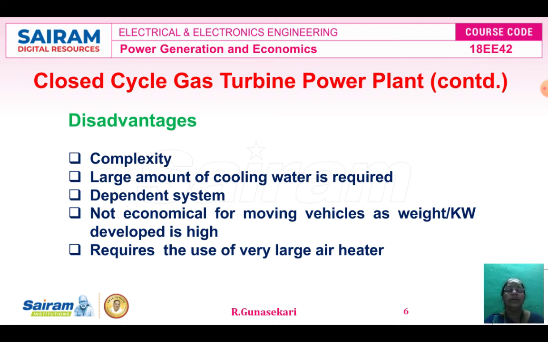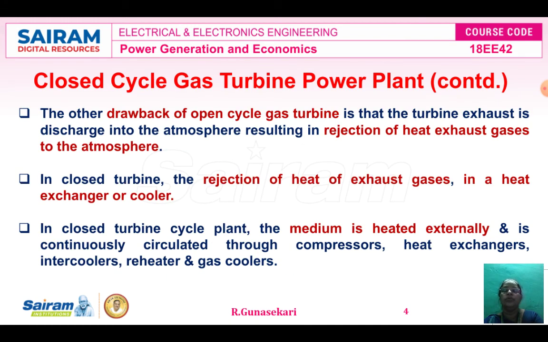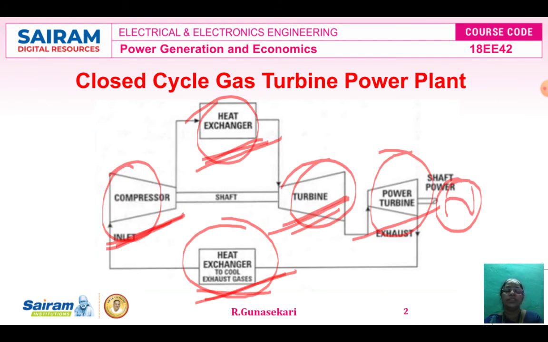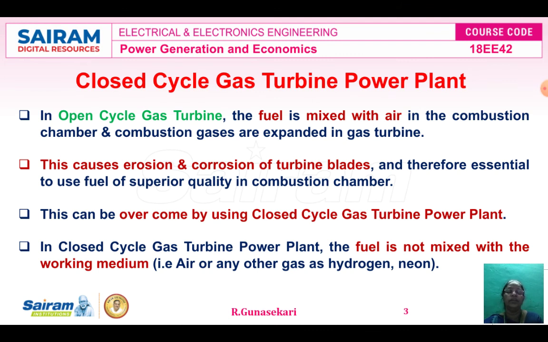Dear student, in this lecture video, first you draw the circuit diagram and then explain the working function of the circuit diagram. Then what are the problems we faced in the open cycle gas turbine, and how they are rectified by the closed cycle gas turbine.